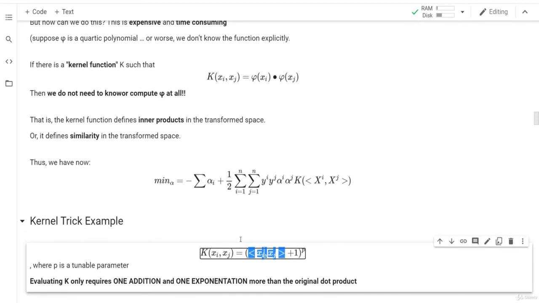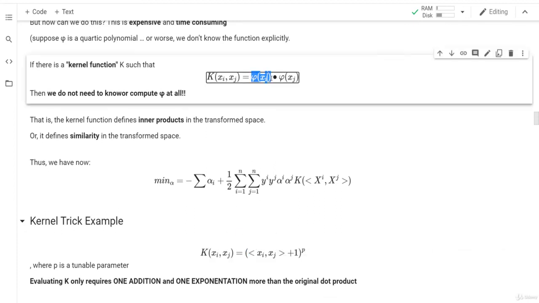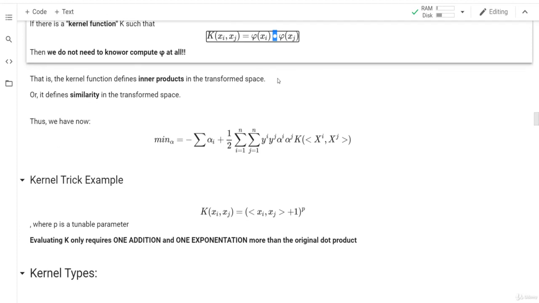Before, we would have needed to compute the transformation for xi, apply it on xj as well, and then perform the dot product between them, and this will take so much time. So this is the kernel trick.